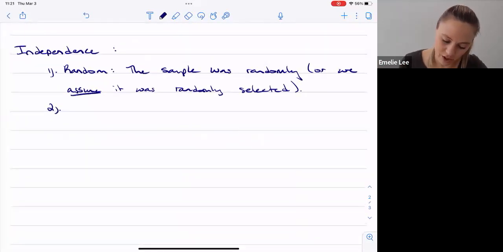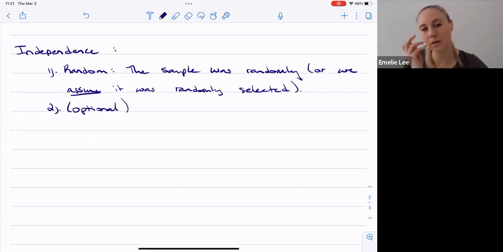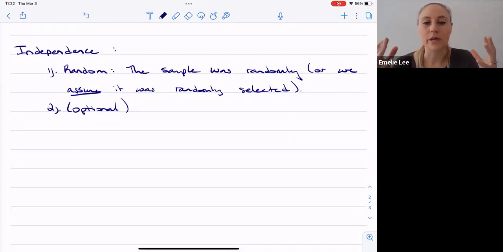The second condition for independence is that optional condition, because it's very rare that it's an issue, right? So I think if you ask the general population how big a sample size you should be getting, everyone would agree that the bigger the sample, the better, right?